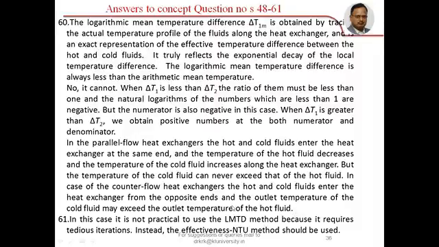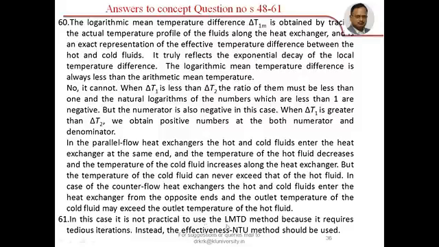The students are advised to draw the figure and then feel how the temperature variation can take place along the length of the heat exchanger. Very simple schematic drawing to experience the answer given for this question number 60.